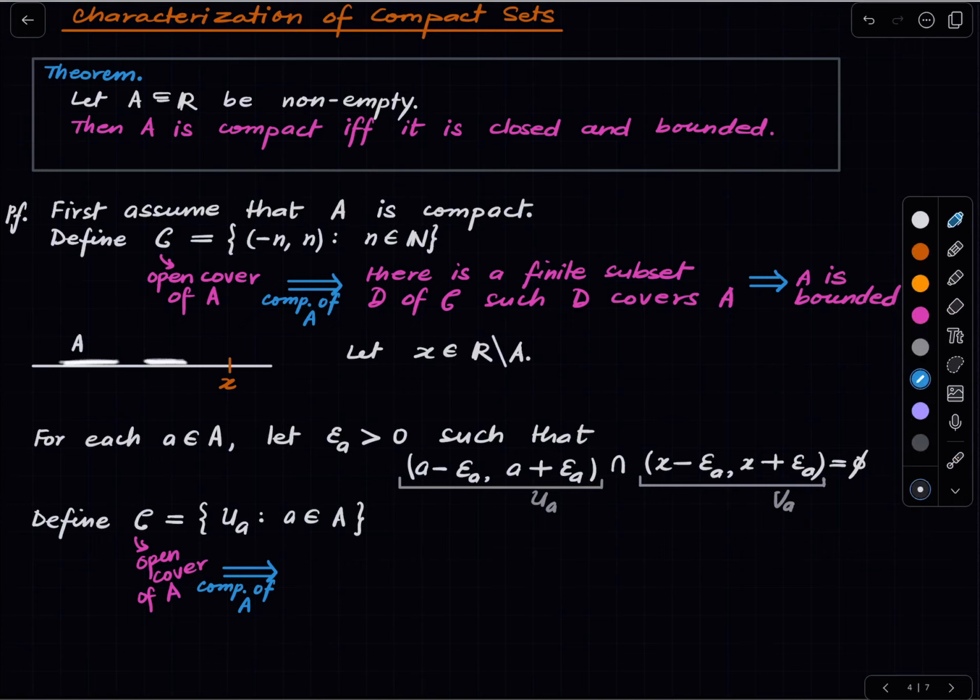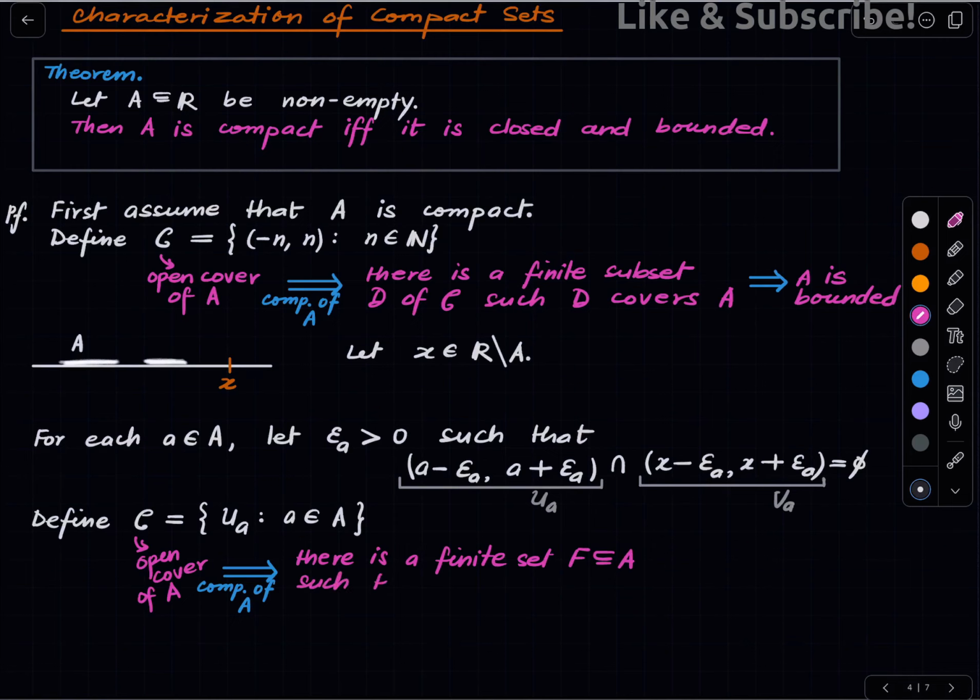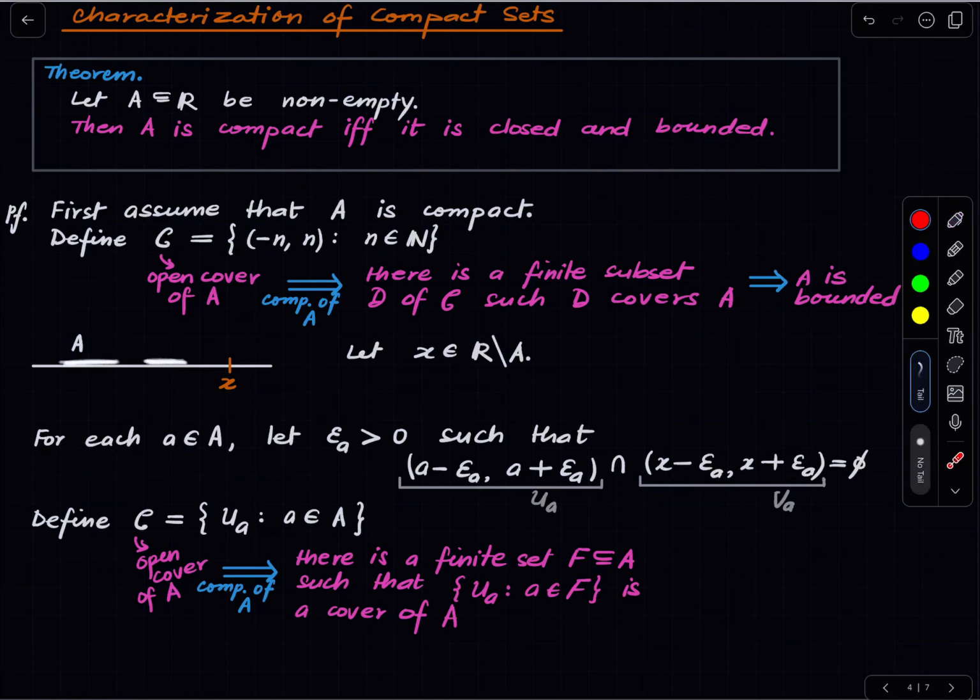An alternate expression of the same is there is a finite subset F of A such that this is a cover of A. Please make sure that you understand this implication. The set C was indexed by A, and a finite subcollection of this therefore will be indexed by a finite subset of A. That is what we are calling capital F.